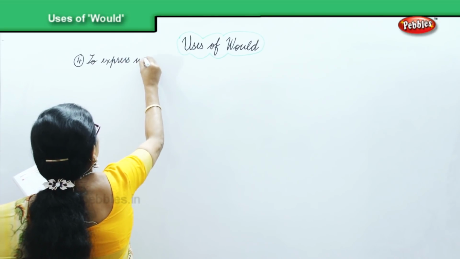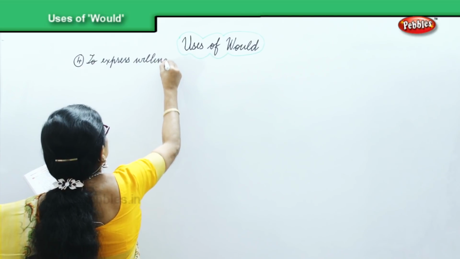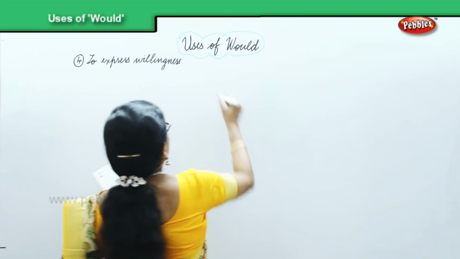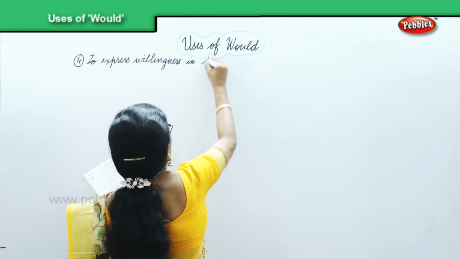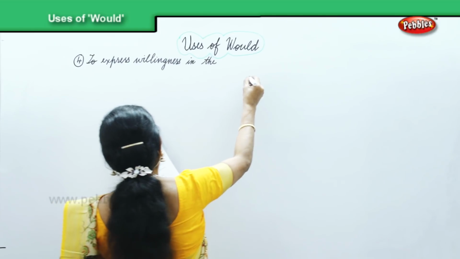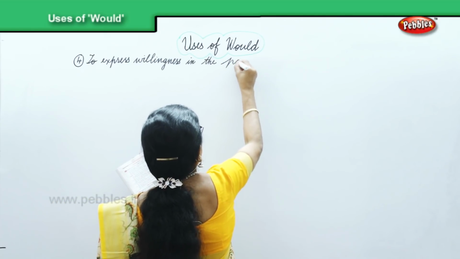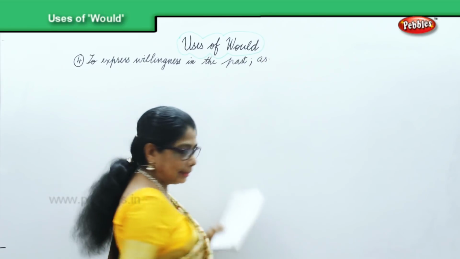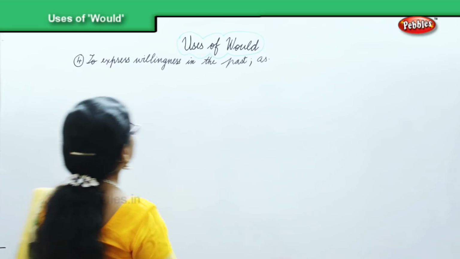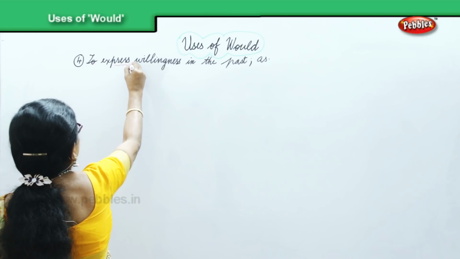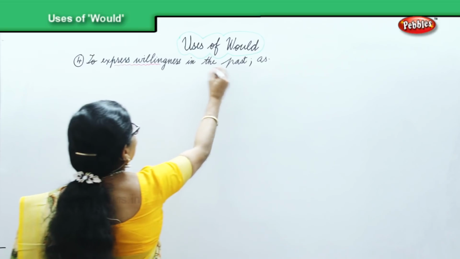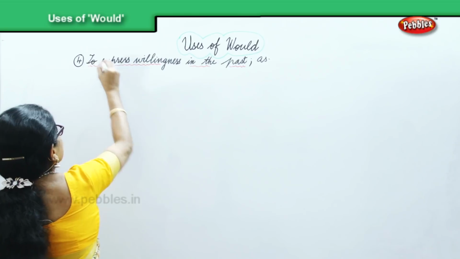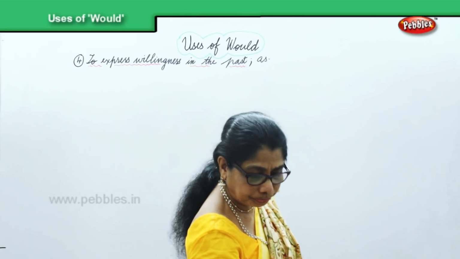So the fourth category is to express willingness in the past. Let's look at the sentences I have here for you.